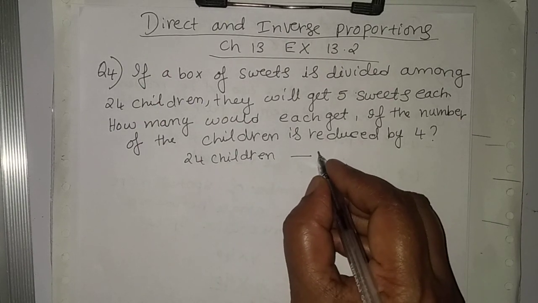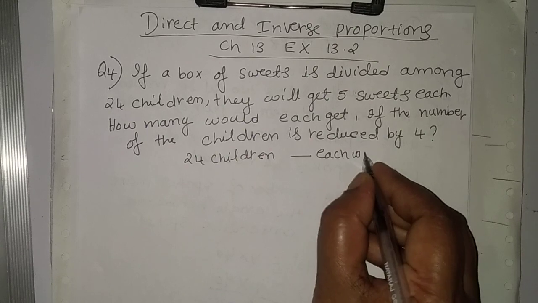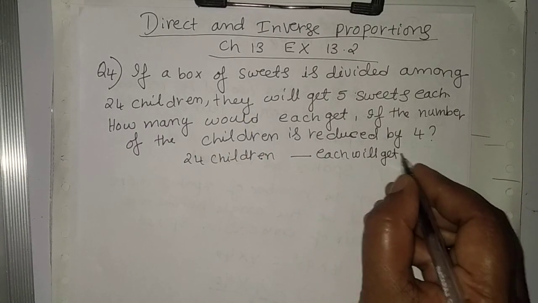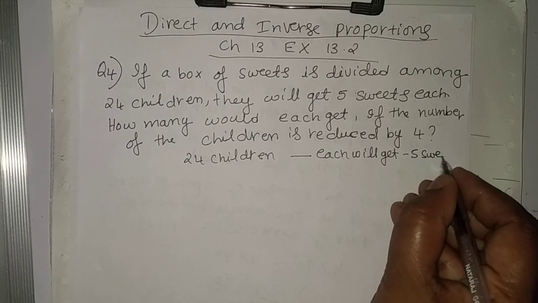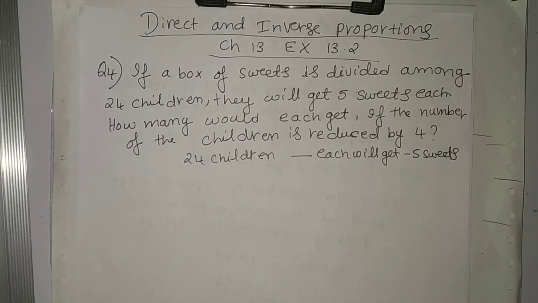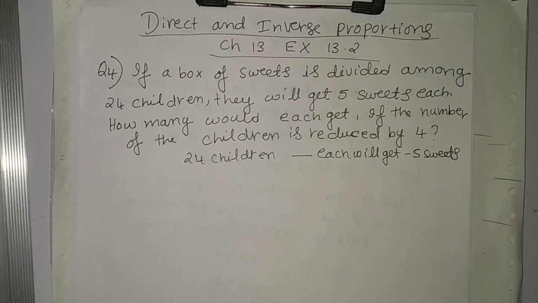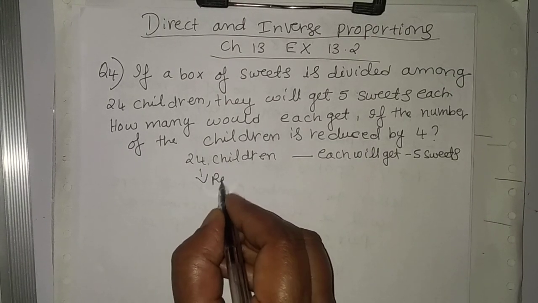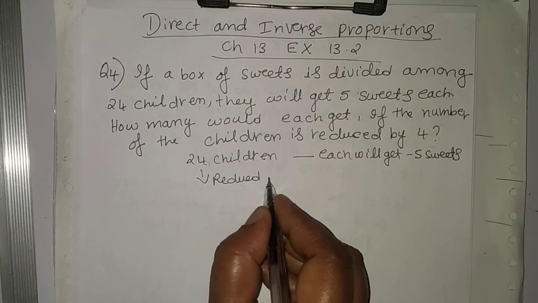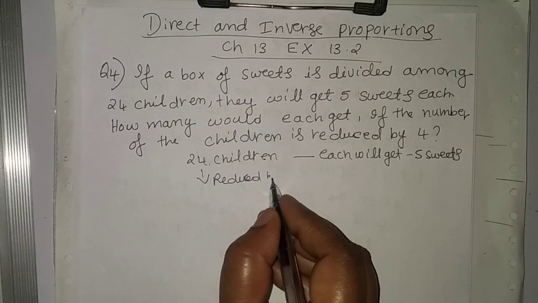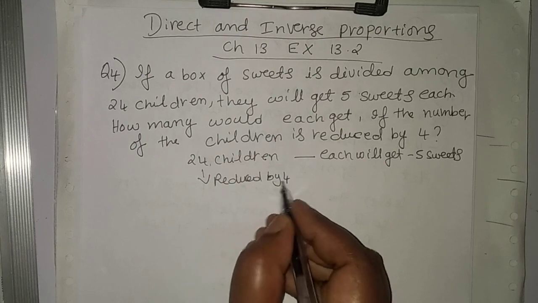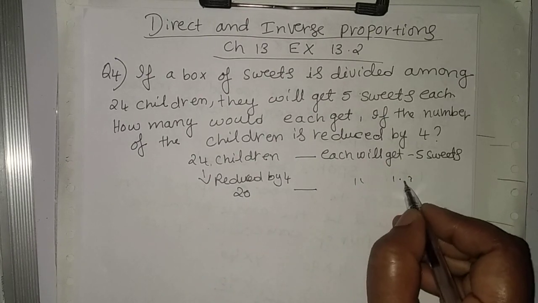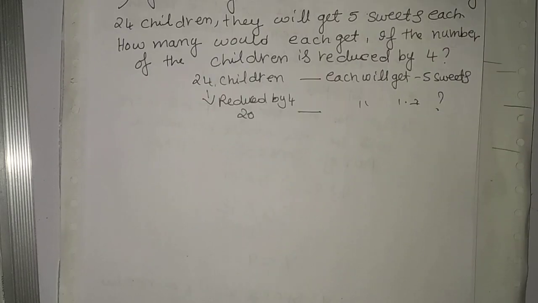Each will get 5 sweets. Next, if the children are reduced by 4, it will become 20. Each will get how many sweets? That's all we have to calculate.